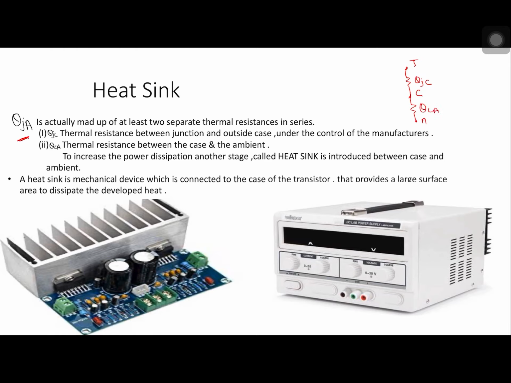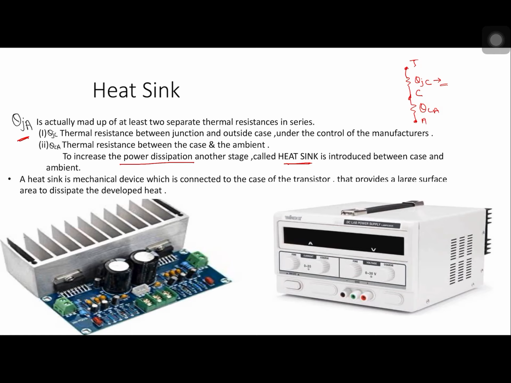So you have two components in thermal resistance. The first component is very low and it is controlled by the manufacturer. From case to surrounding, you can add one more component. That component is called a heat sink, and it will improve or increase the power dissipation.